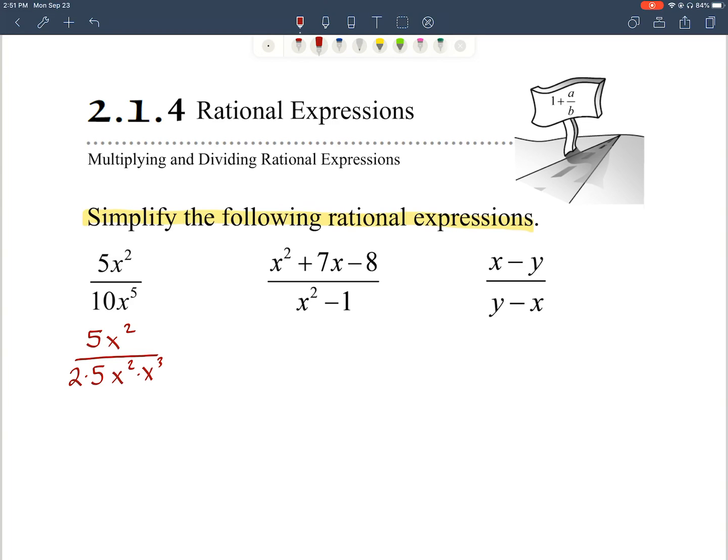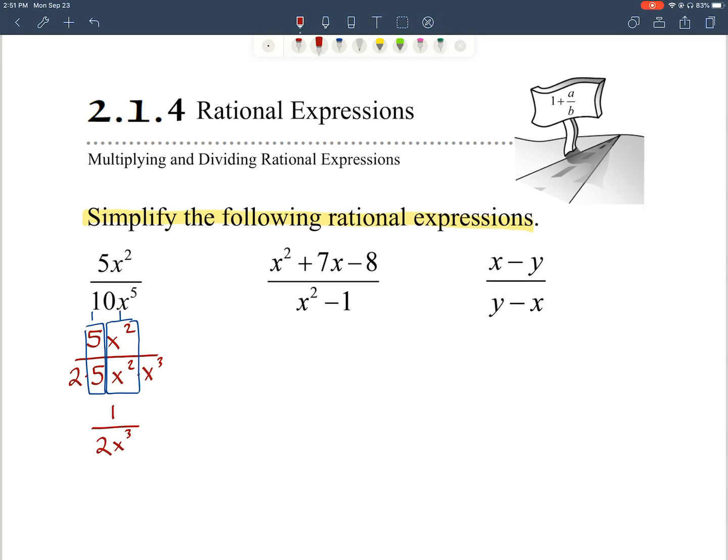So when we look at this here, we can find a couple of common factors that appear in both the numerator and the denominator. We've got our 5 divided by 5 is really the same thing as 1, and we've got x squared divided by x squared is really the same thing as 1. So in rewriting this, we'd have 1 over 2x to the third power.